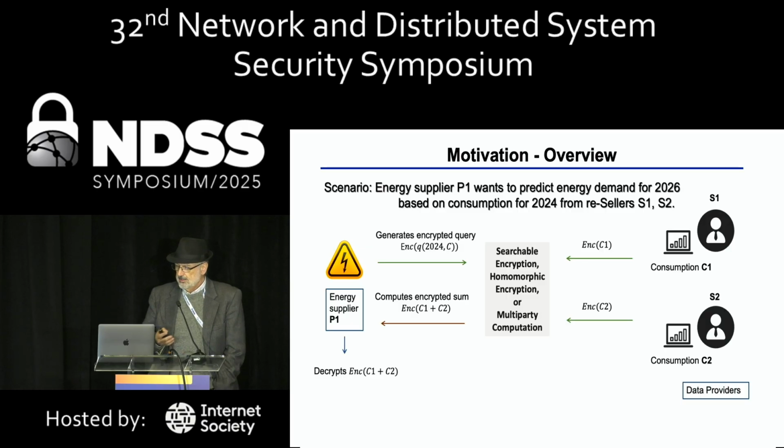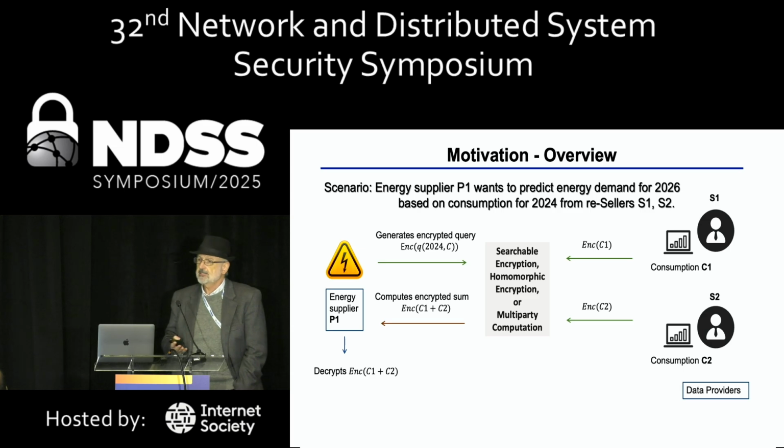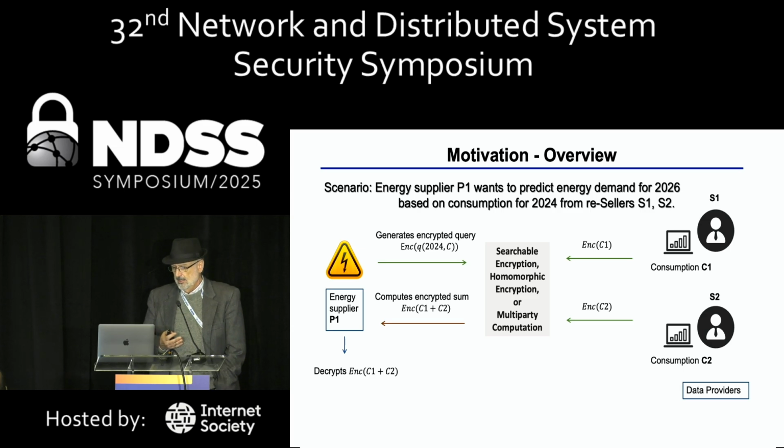Now, the resellers don't want to reveal their data, okay? The reason is they don't want to show their market share, things like that. On the other hand, they have an incentive to help the energy supplier figure out what to do.